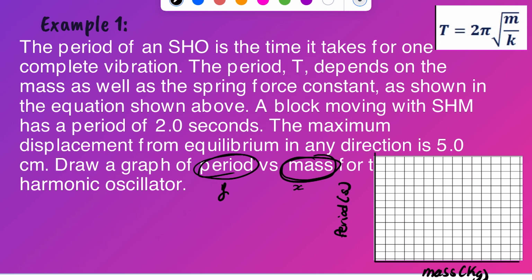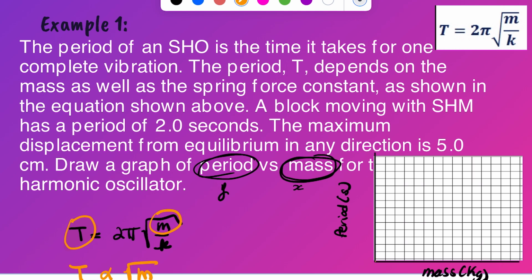So now let's take a look at this equation. Period equals 2 pi square root of mass over k. If we look at these, we've got period here and mass is here under the square root. So period is proportional to the square root of mass. Again, this is where it becomes super useful to know the common graph shapes.